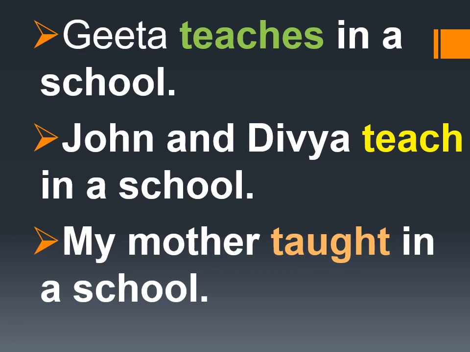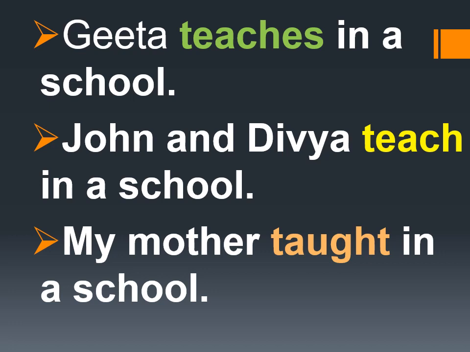In the first sentence, when our subject is third person singular, we have used s or es with the verb, and where the subject is third person plural, that is John and Divya, we have used only the verb's first form.